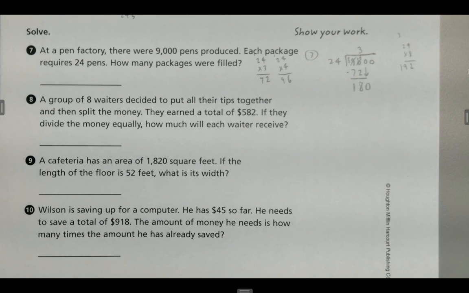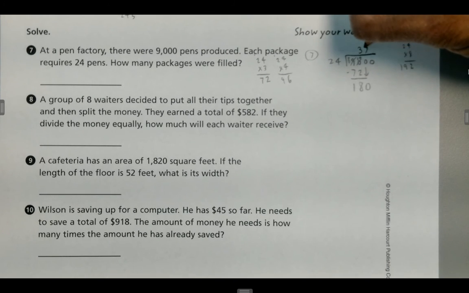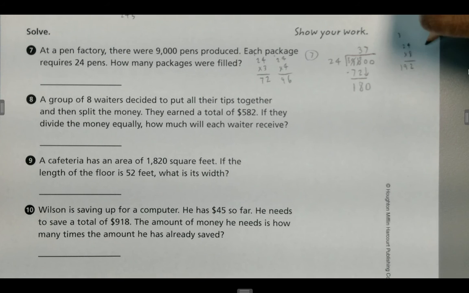Even multiplying by 8 was a little too much. So I'm feeling very confident that I'm going to be placing a 7 here. But I need to confirm what is 24 multiplied by 7.